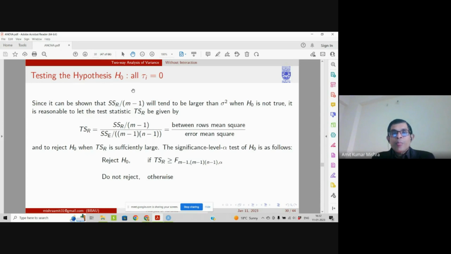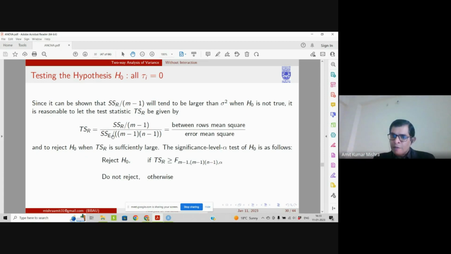So see, we are interested in tau i equals 0. What we have done is taken our test statistic as SSR divided by its degrees of freedom, that means variability due to row divided by its degrees of freedom, over SSE divided by its degrees of freedom. The denominator will always be related to SSE, because that is not going to change whether your H0 is true or not.